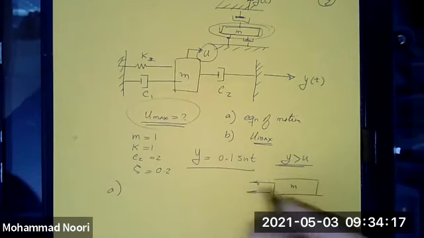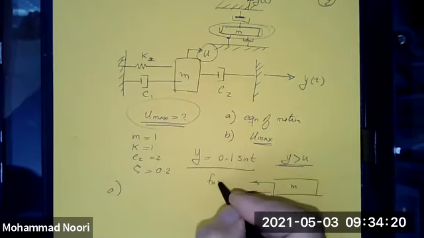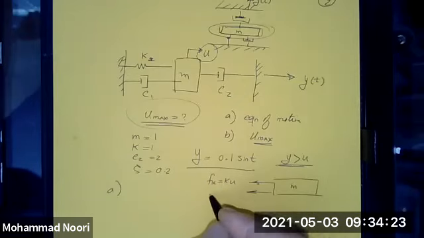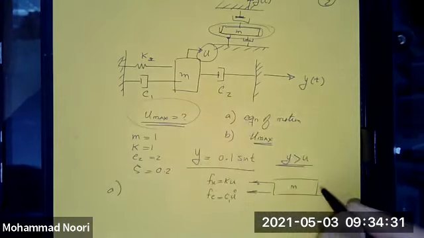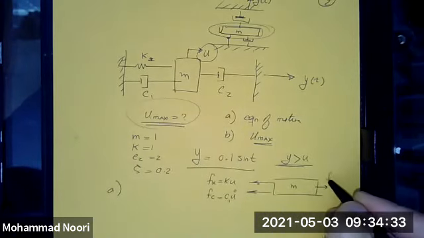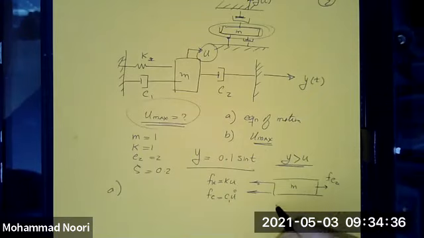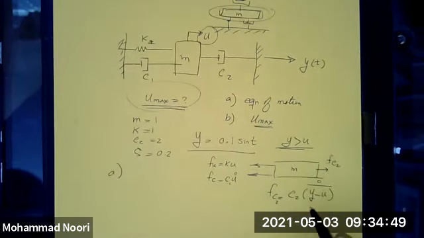On this end, you have the force of k, which would be ku, and the force of c, which would be c1 u dot. On the other side, this damper would experience a force fc2, which would be c2 times the velocity it experiences, y minus u dot. And of course, you have the inertia force in this direction, m u double dot.